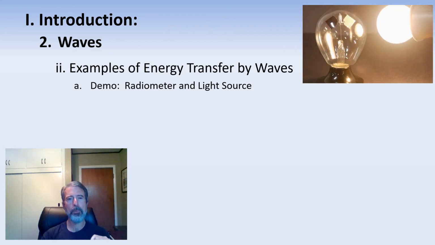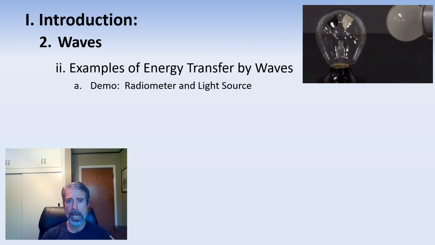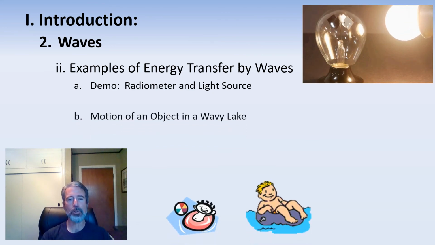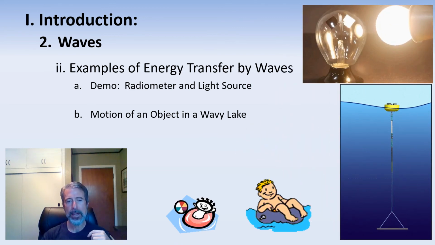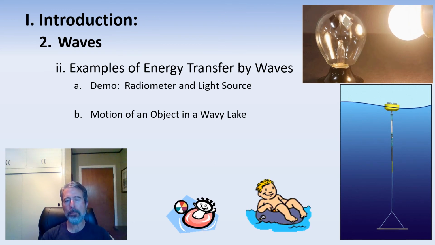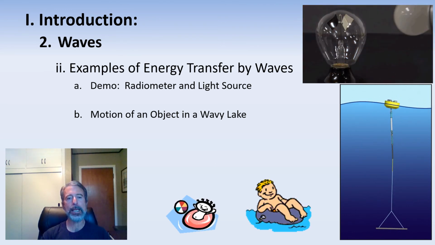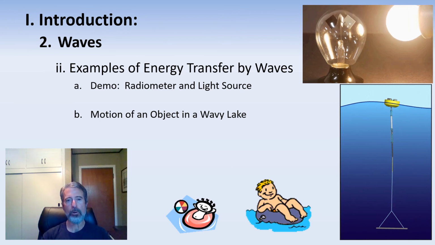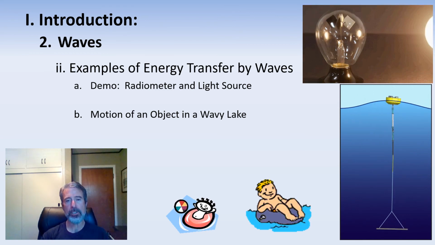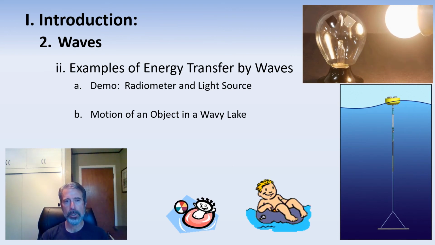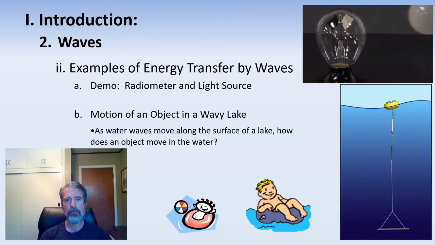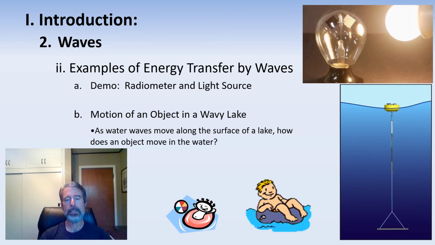Another example that I think very nicely illustrates the energy transfer via waves as opposed to particles is the motion of an object on a wavy lake. I think this is an example that many of you will be able to relate to if you've ever been in a lake as a water wave passes by you, or I should say underneath you. If you take a look at the right-hand portion of your screen, at the buoy over there, you see that as the wave passes underneath the buoy, look at the motion of the buoy.